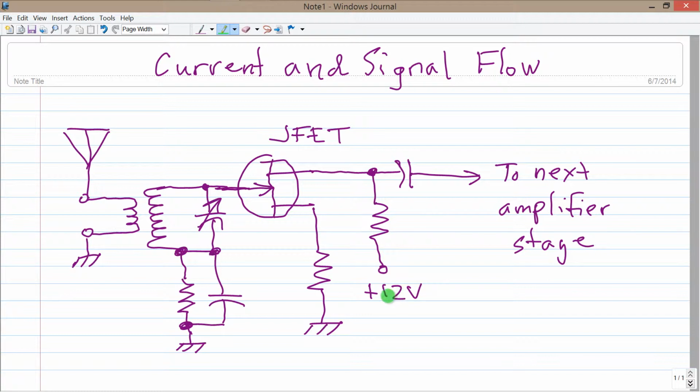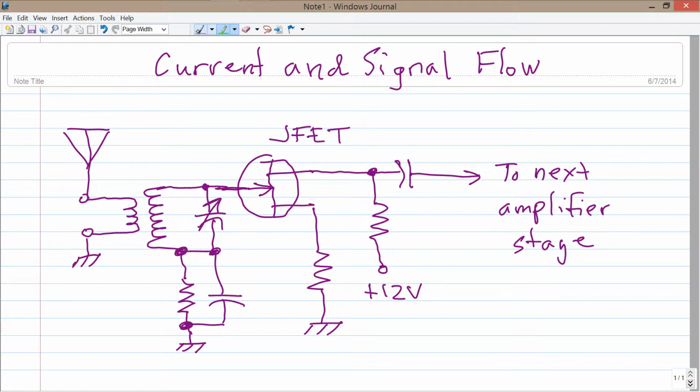The current that flows comes from the power supply, 12 volts here, but the signal is an alternating current, very high frequency alternating current, a radio frequency signal, which flows back and forth at millions of cycles per second, millions of hertz.